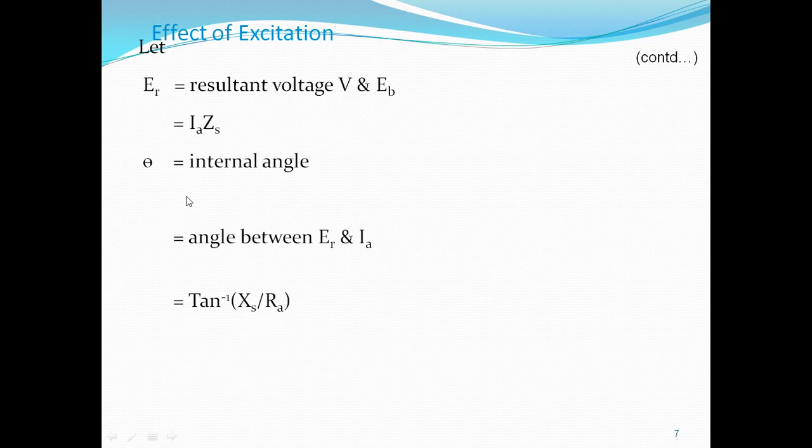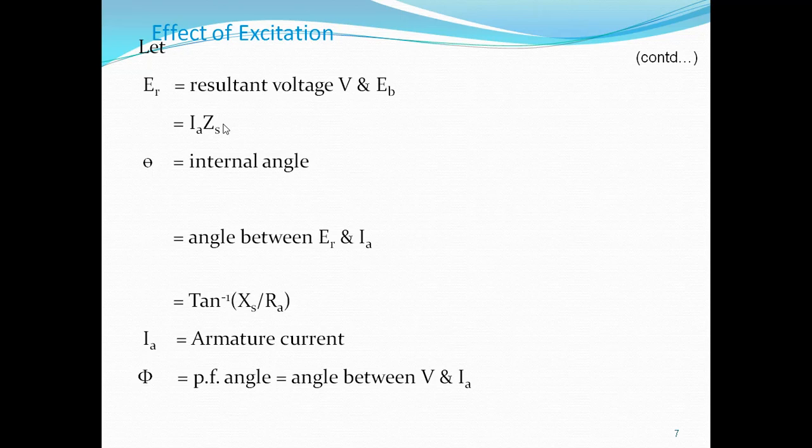So simultaneously the internal angle is also constant. Where IA is the armature current, ZS is the synchronous impedance, and phi is the phase angle, that is the angle between voltage and current.